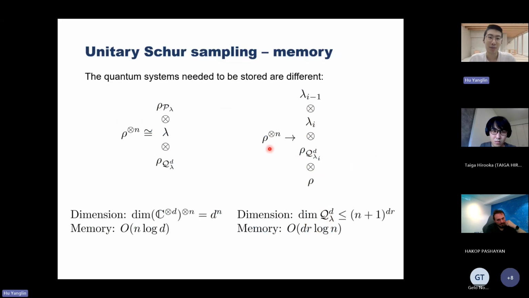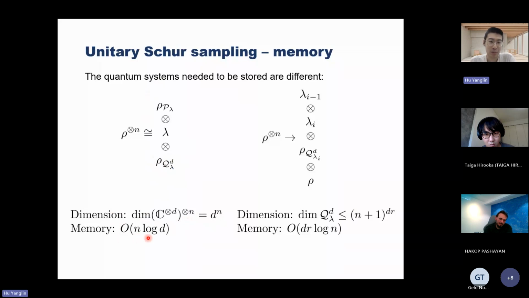Maybe let me briefly compare. If we want to do the full unitary Schur sampling by keeping everything coherent, the register we have to keep is all the quantum register, and what we have is rho on the P lambda subspace, tensor the lambda label, and also the Q lambda subspace, the representation of the unitary group, and the dimension of this quantum thing is C^d tensor n, so it's d to the power of n.